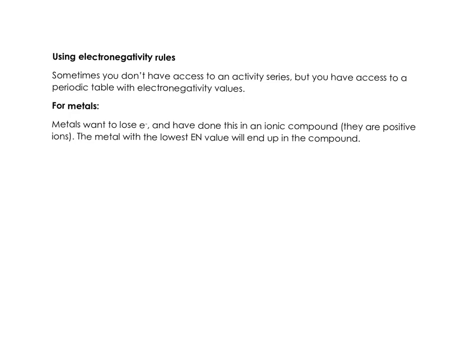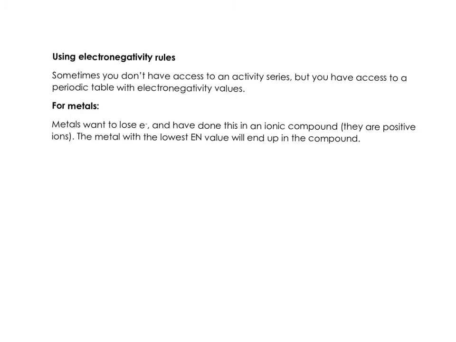The other method that works is using the electronegativity rules, because sometimes you don't have an activity series, but you have access to electronegativity values. So there's two different rules, one for metals and one for halogens. So metals want to lose electrons. And if you're inside of an ionic compound, you have lost your electrons because you're a positive ion.